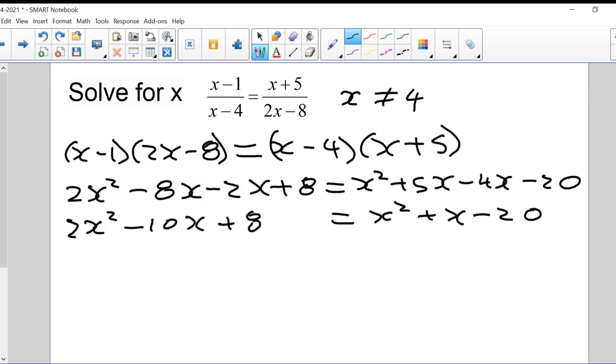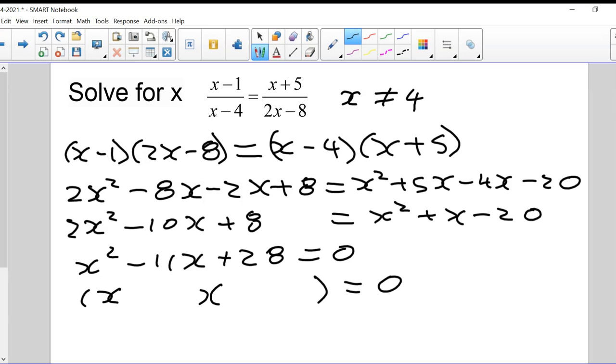And what we just saw, I think it was Kristen do a few minutes ago, brought everything over to the left-hand side. So that's going to be x squared, so minus 10 minus 1 is minus 11x. 8 plus 20 is plus 28 equals 0. Factoring.